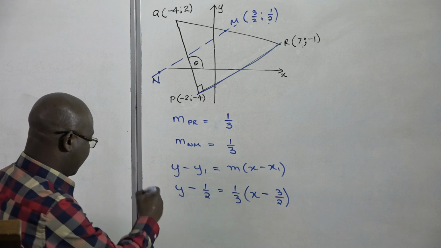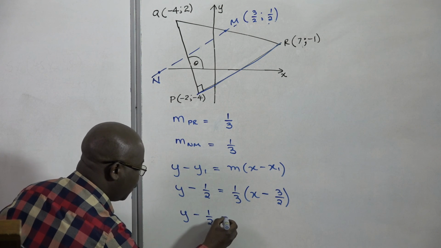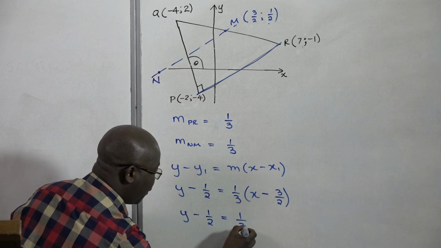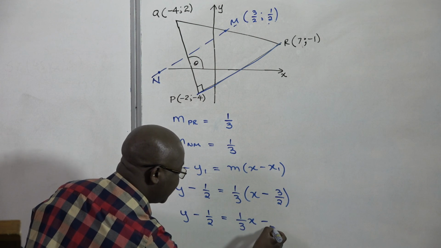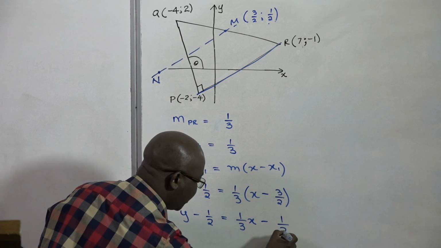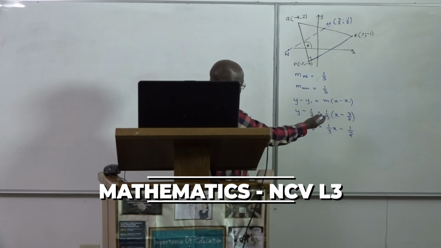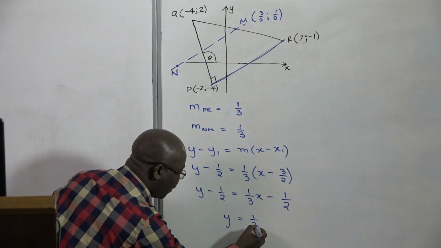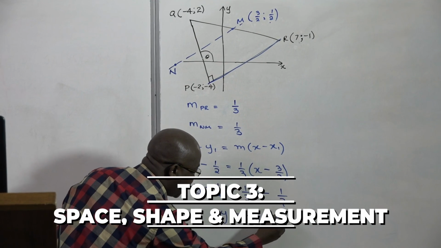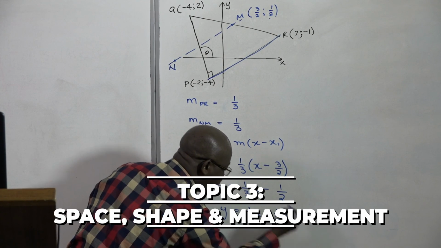Then how does this pan out? It becomes y minus 1 over 2 is equal to 1 over 3x, then minus 1 over 2. Then we take and transpose the negative half. Therefore, y is 1 over 3x minus 1 over 2 plus 1 over 2.